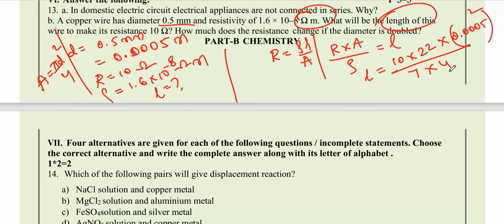Next, the denominator is rho, which is 1.6 into 10 power minus 8. This is all in the denominator. 22 numerator, 7 denominator. D square numerator, 4 denominator. Rho is already in the denominator. Understood? Then can we calculate this?